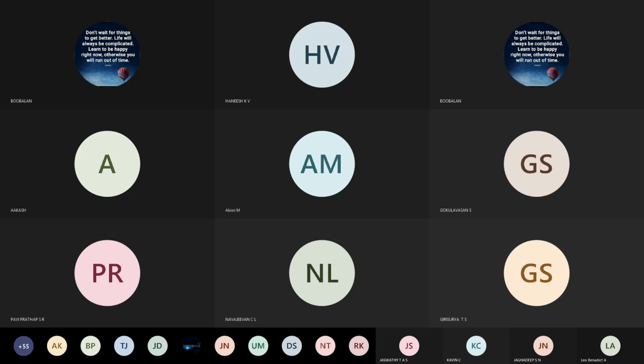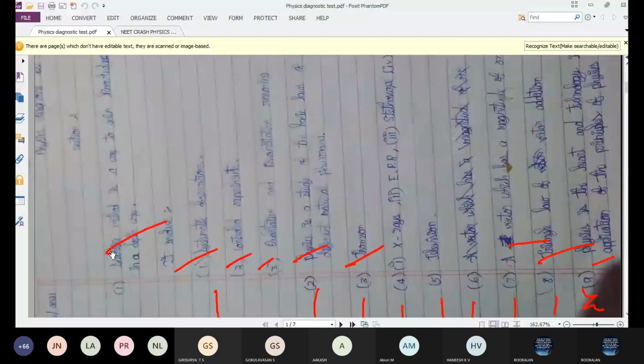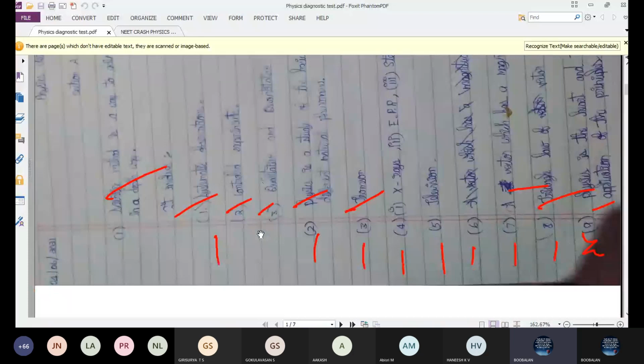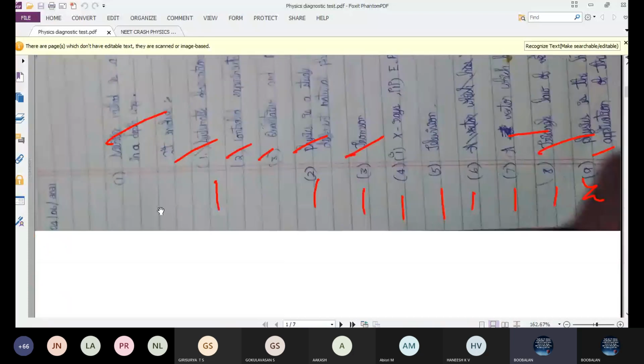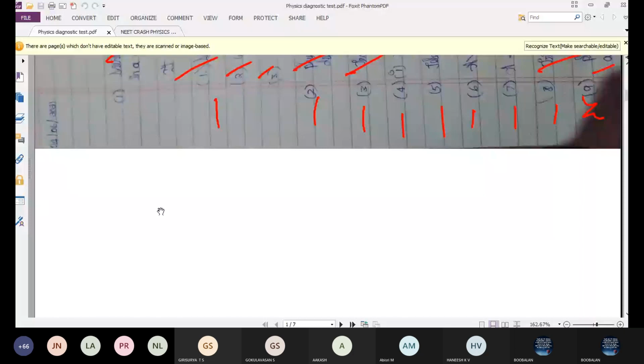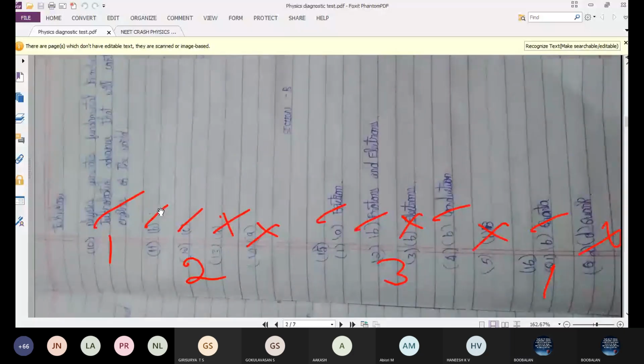See here. In case your paper is missing, please tell me, ma. My papers are like that in WhatsApp. I will mark yours. See your handwriting.